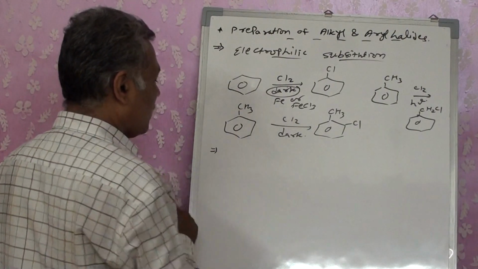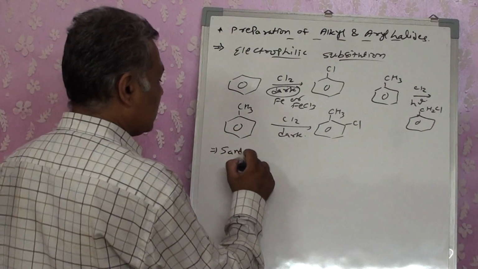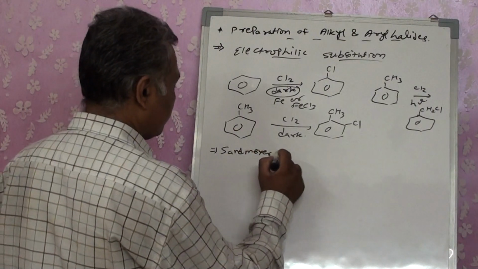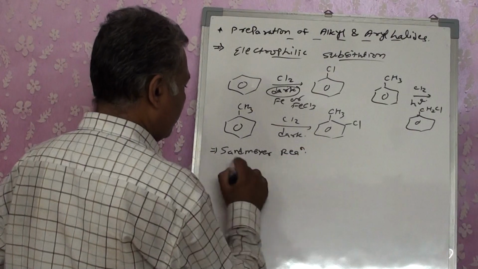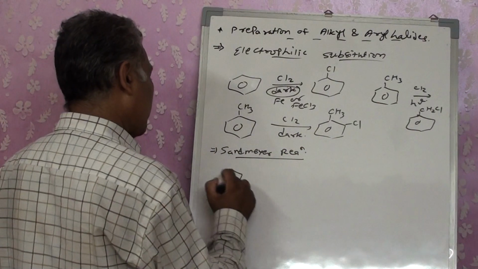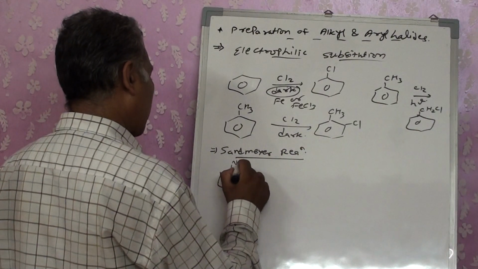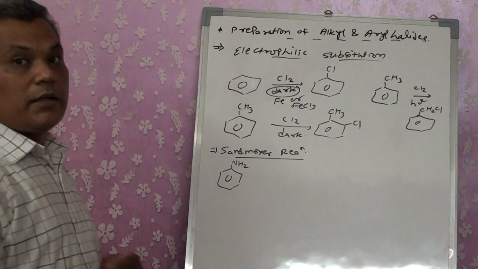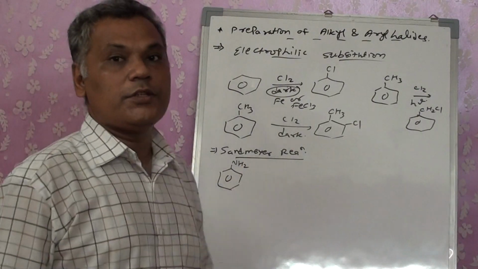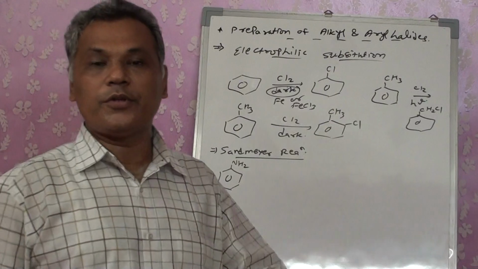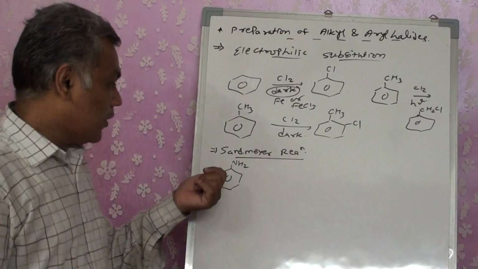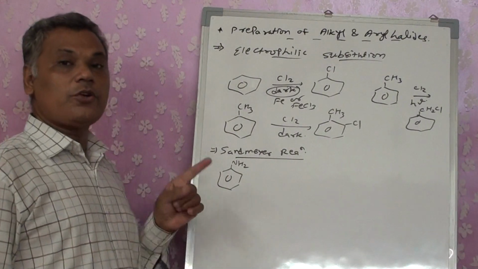The other one that we have is the Sandmeyer reaction. Now Sandmeyer means we are starting with NH2, right? See, this reaction is going to be repeated in chapter number 13 also, because here it's a preparation of halides.